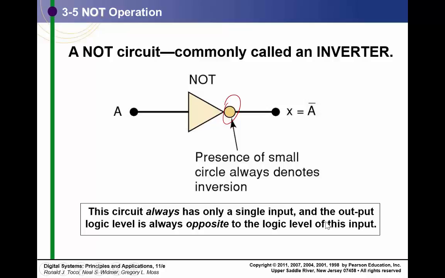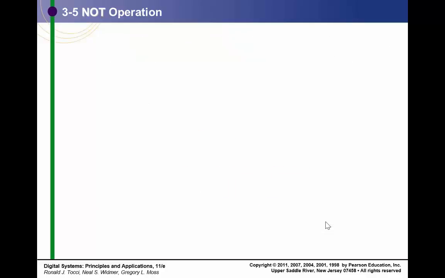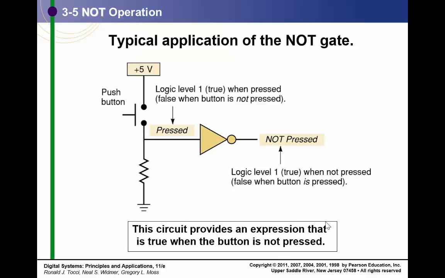So bubble is the correct term, the little circle. The inverter just simply inverts the output. You'll see this circuit quite often.